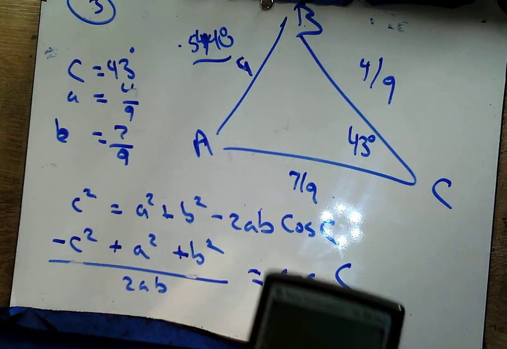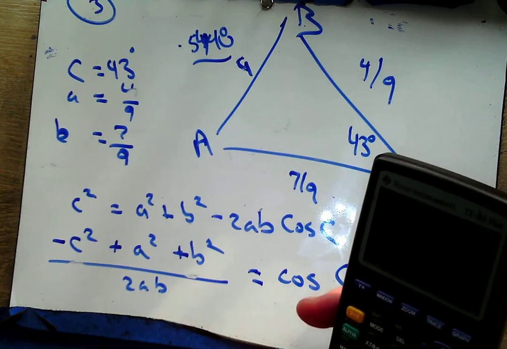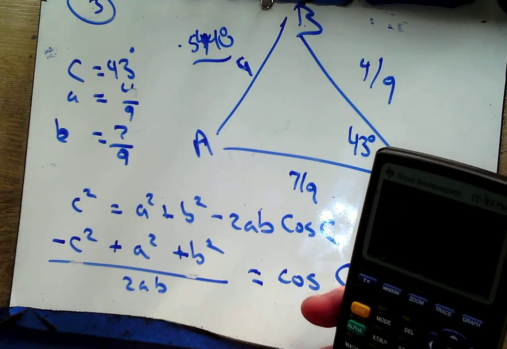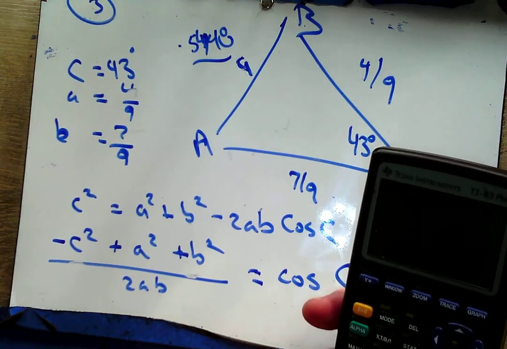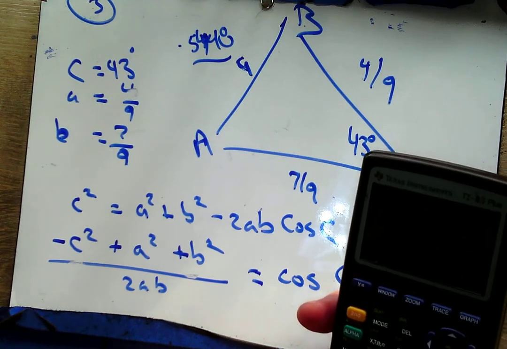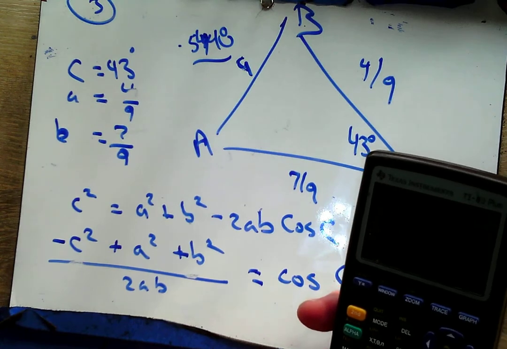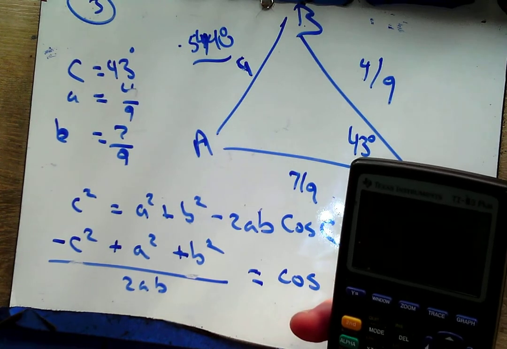That's often an issue for students, so it could certainly be for me. I'm going to have 4/9 squared plus 7/9 squared minus 0.5448 squared, here's my numerator, divided by 2 times 4/9 times 7/9.